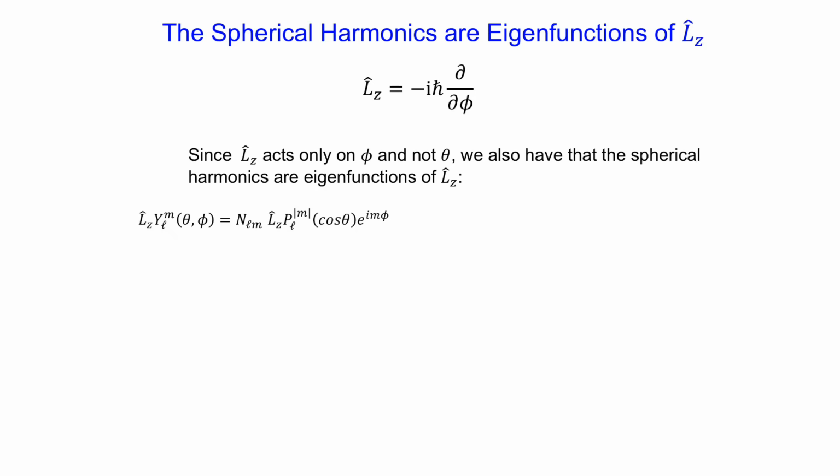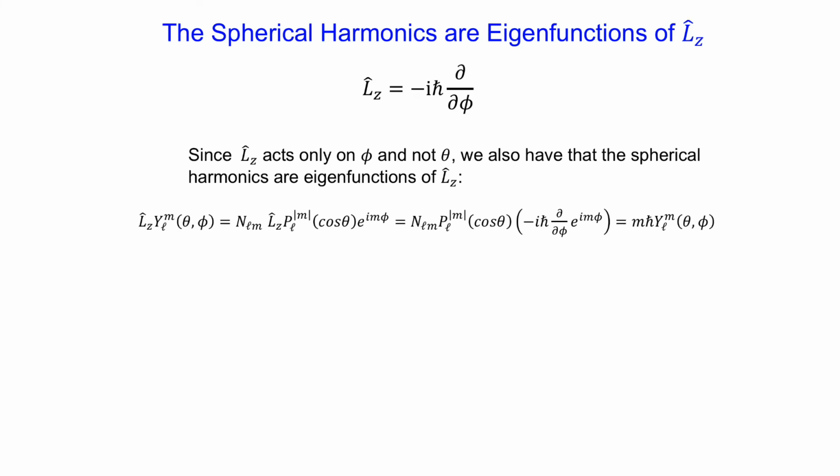That means we can bring all of this out front, so none of it is affected by our Lz. The constant and theta component are not changed by the d phi part of our Lz. So we put in our Lz operator, minus i h bar d phi, and it acts on the phi component, that e to the i m phi function.